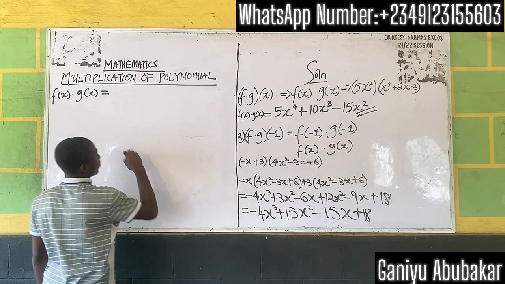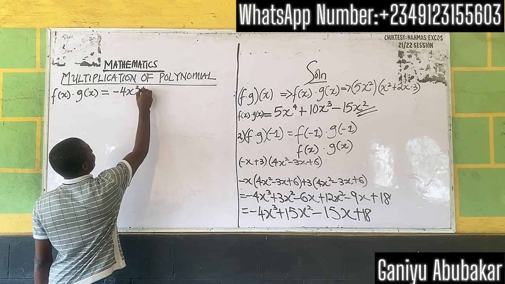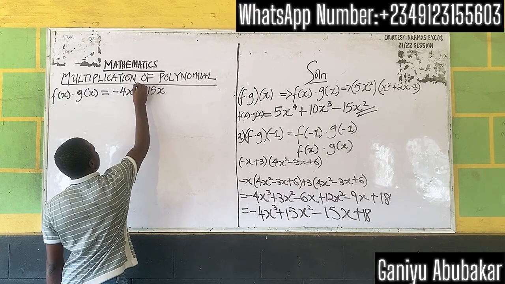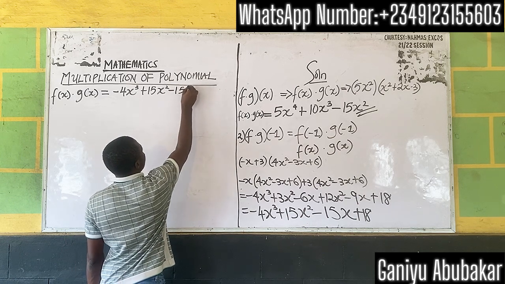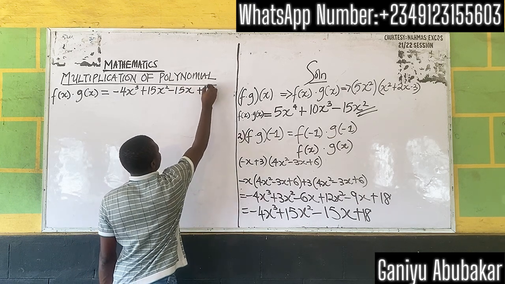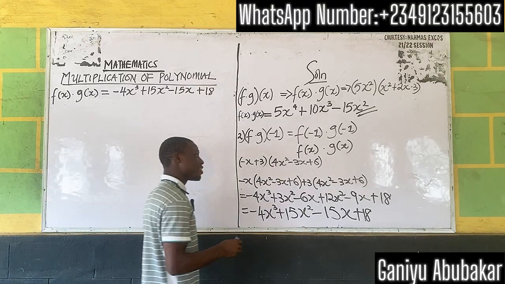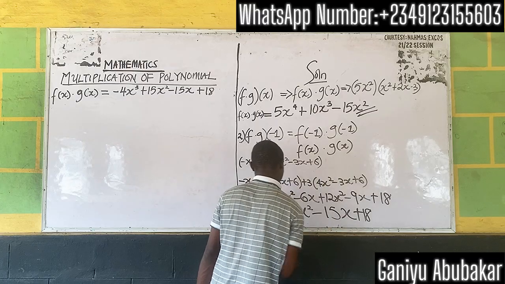Is equal to this: minus 4x cubed plus 15x squared minus 15x plus 18. But we are asked to find f of minus 1 dot g of minus 1.